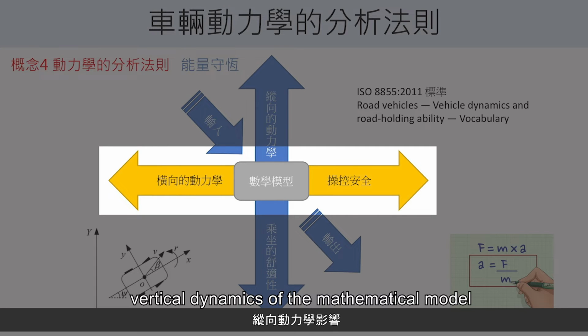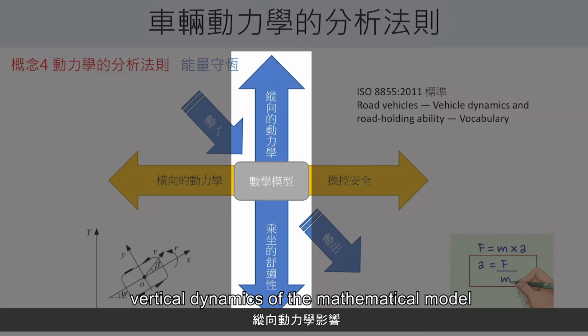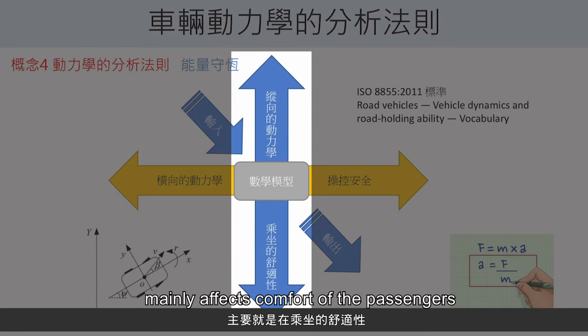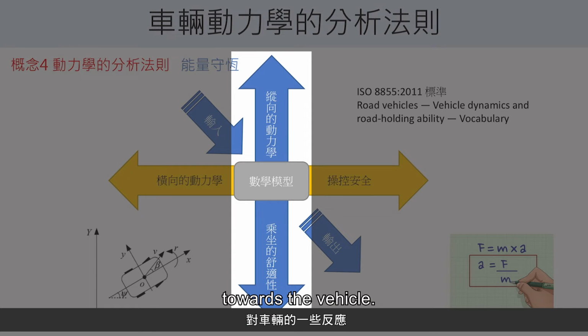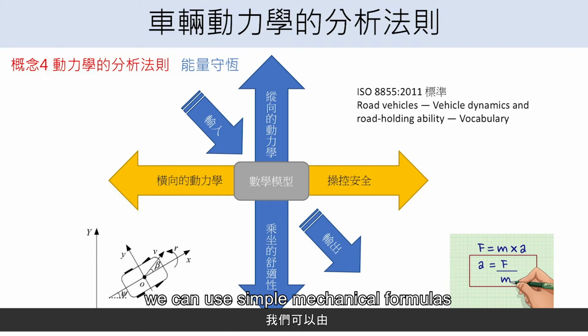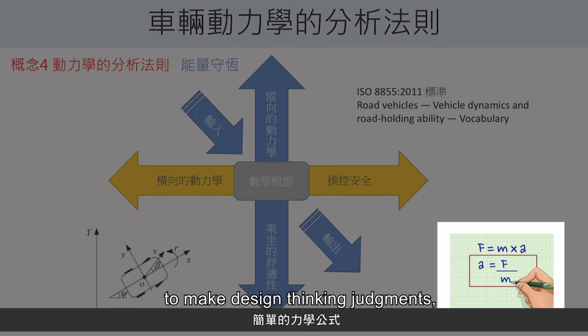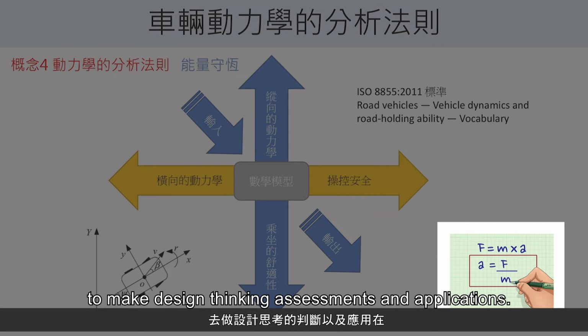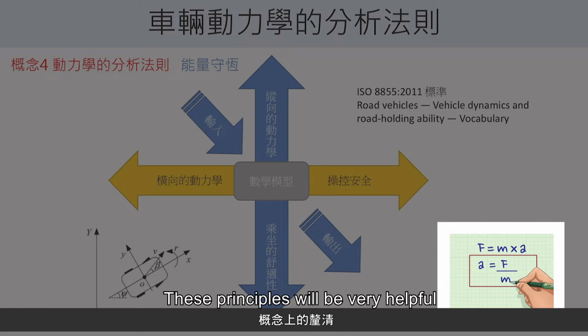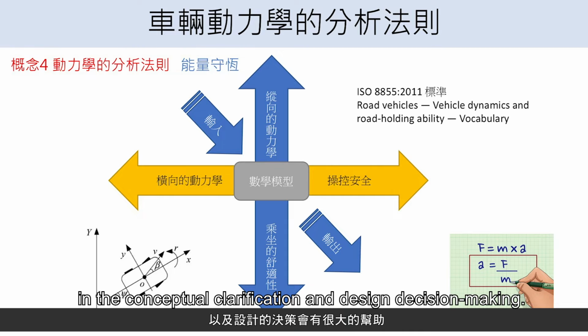The effects of vertical dynamics of the mathematical model mainly affect the comfort of the passengers towards the vehicle. For these principles, we can use simple mechanical formulas to make design thinking judgments, assessments and applications. These principles will be very helpful in the conceptual clarification and design decision making.